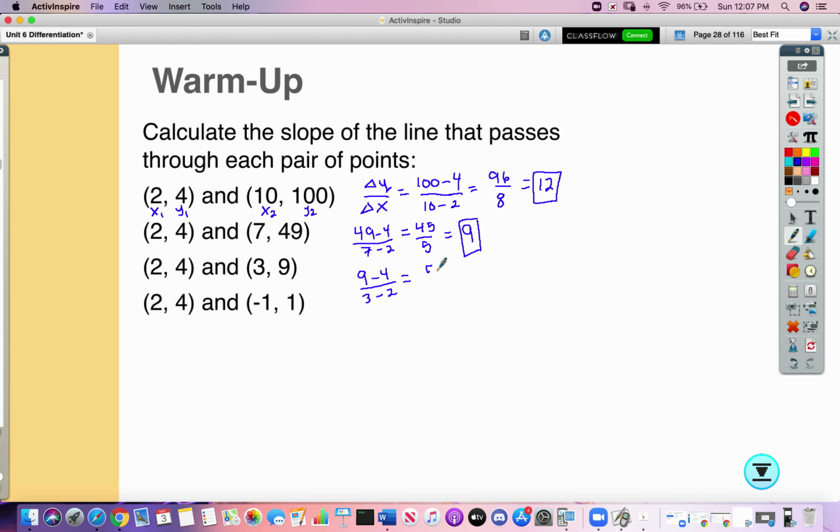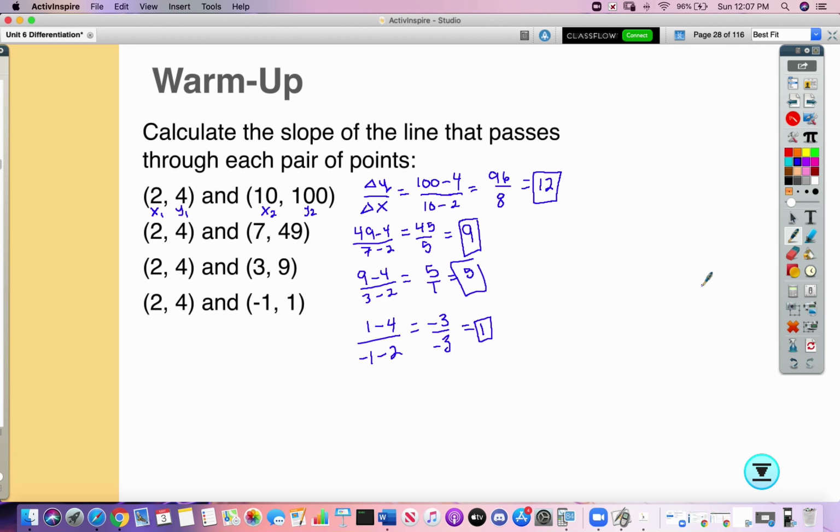This is going to give me 5 divided by 1, which is 5. And lastly, I've got 1 minus 4 and negative 1 minus 2. Well, 1 minus 4 is negative 3, and negative 1 minus 2 is also negative 3. So the slope in between these points is 1.